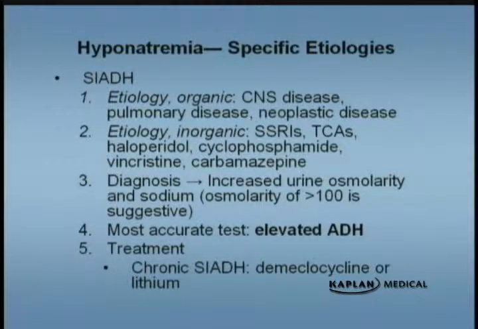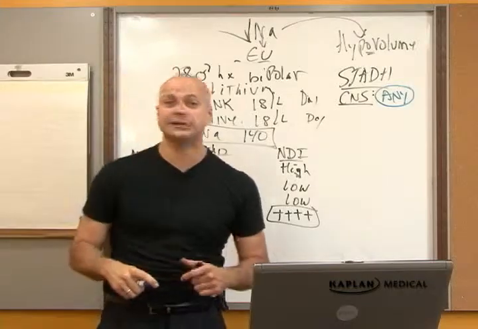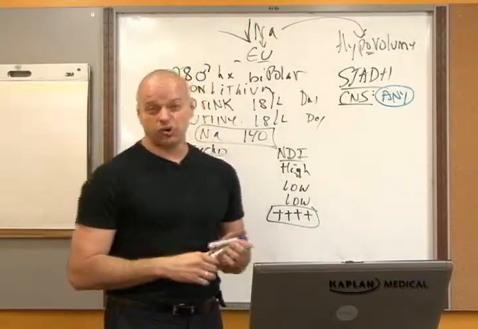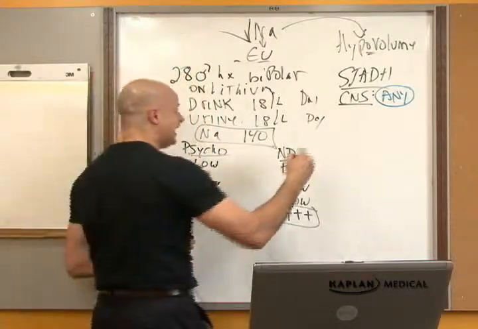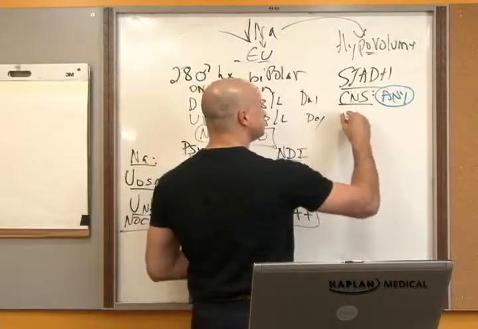CNS: what in the brain will cause you to have SIADH? A stroke, a tumor, a trauma, a meningitis, an encephalitis, a brain abscess. Anything in the brain can cause CNS abnormalities.